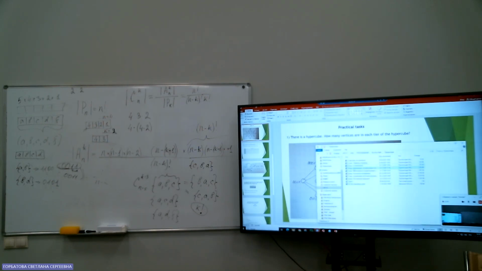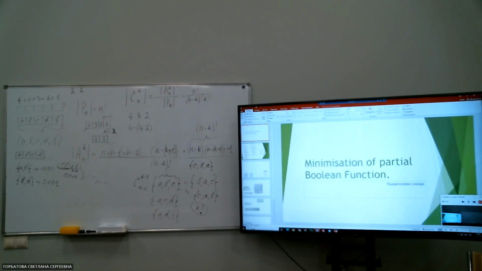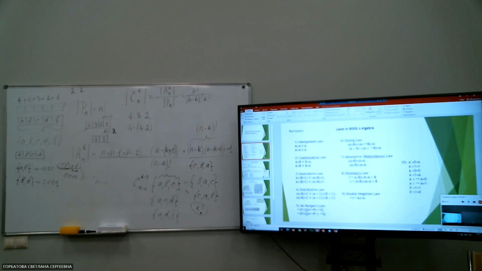So the next presentation. Minimization of partial Boolean function. There are laws of Boole algebra also.